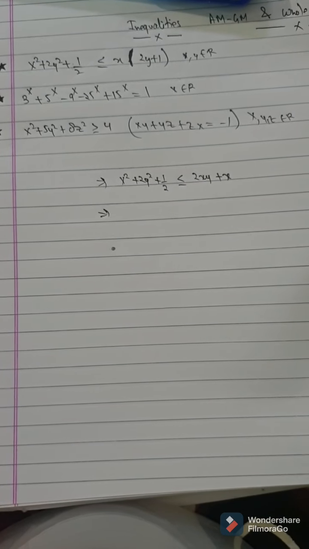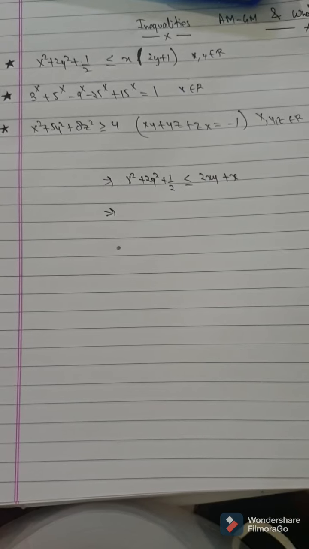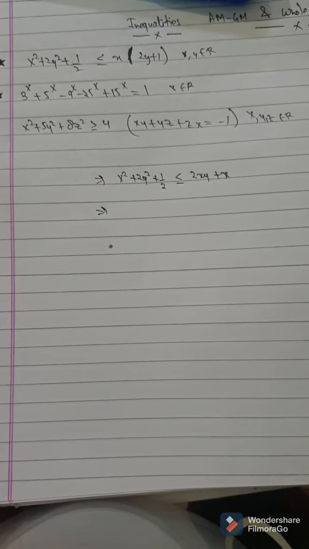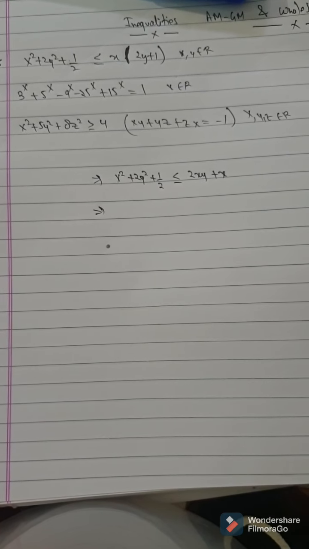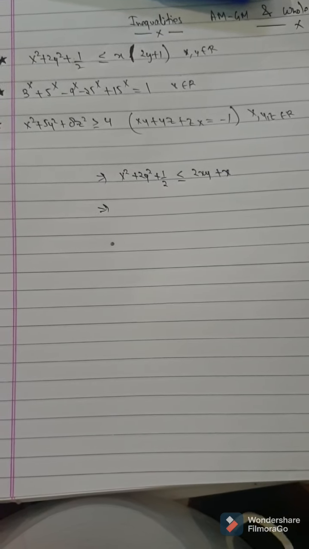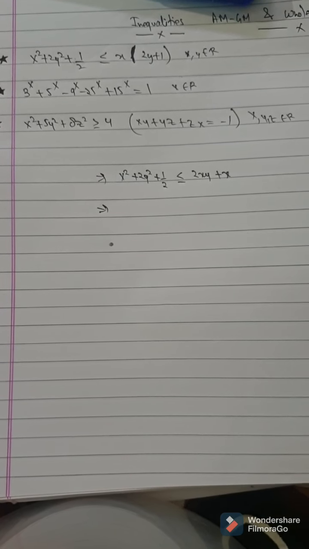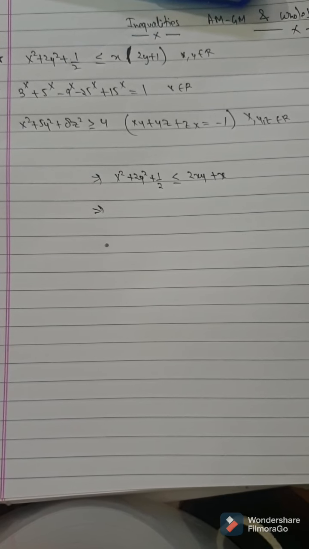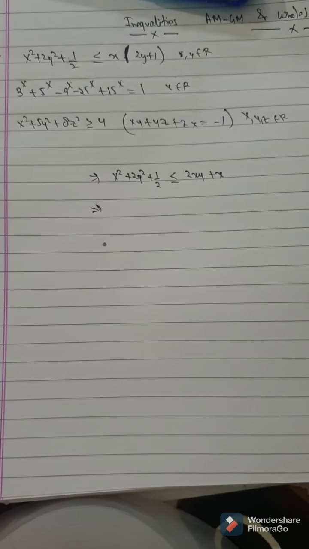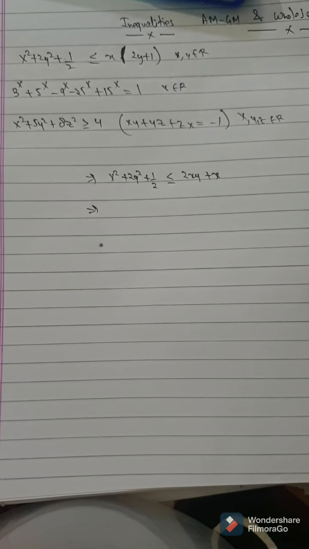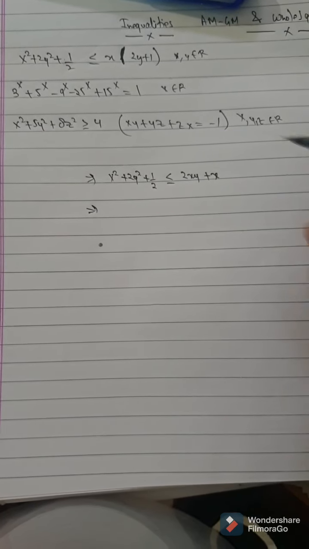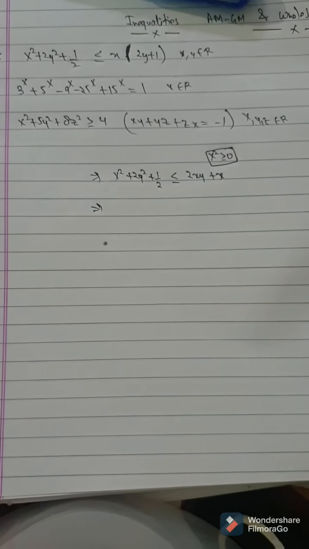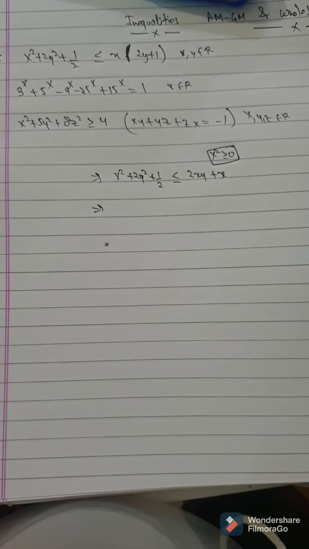Now I am telling you an important property regarding these types of problems. What happens if we are given to find all x, y which satisfy an equation? Many a times, not always, there is an inequality built between the LHS and RHS, and the sign is written in reverse. Let me explain. We know that x square is always greater than or equal to 0.